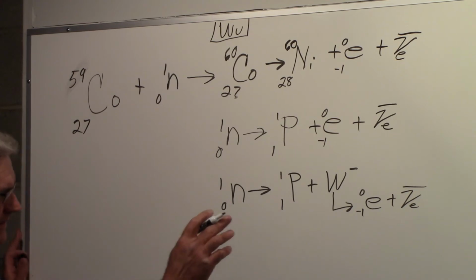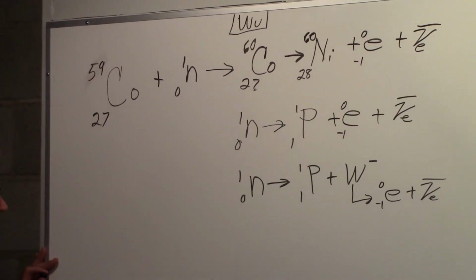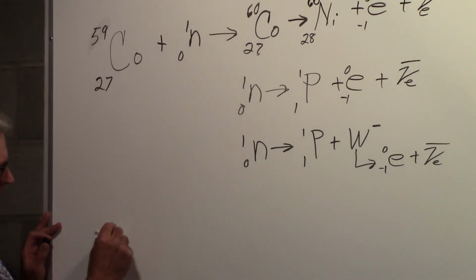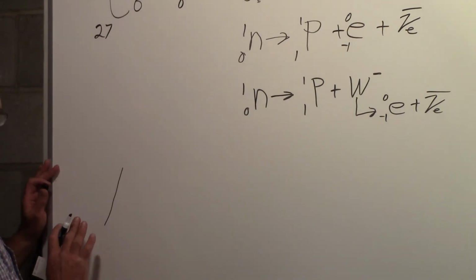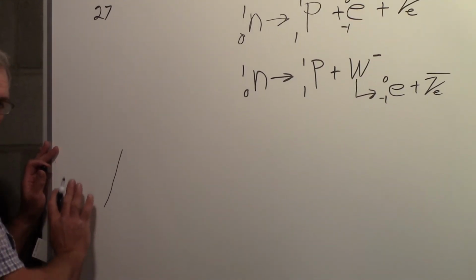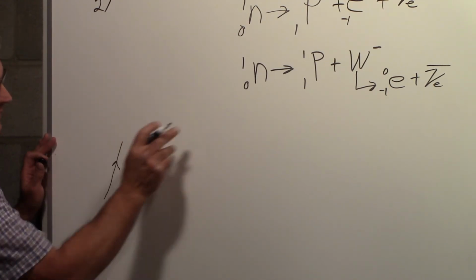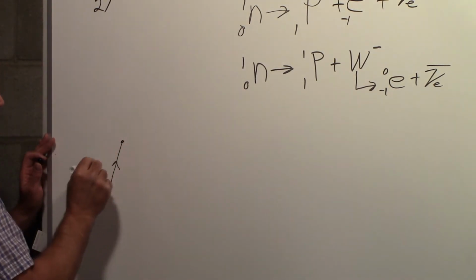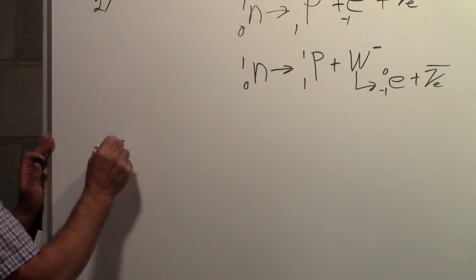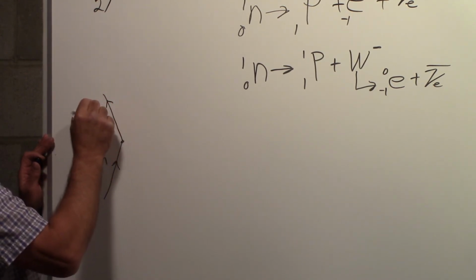one of the other ways to look at that, if you like Feynman diagrams, we're going to draw a Feynman diagram now with time going up. So in comes the neutron. We'll label it the neutron. Out goes the proton.